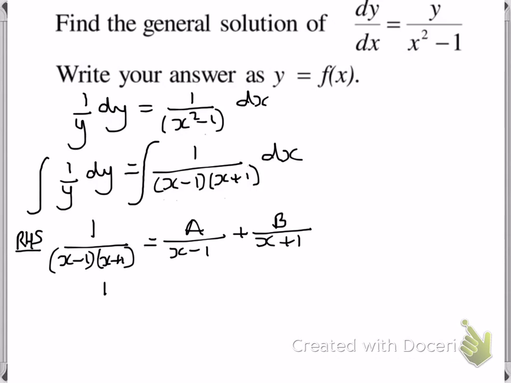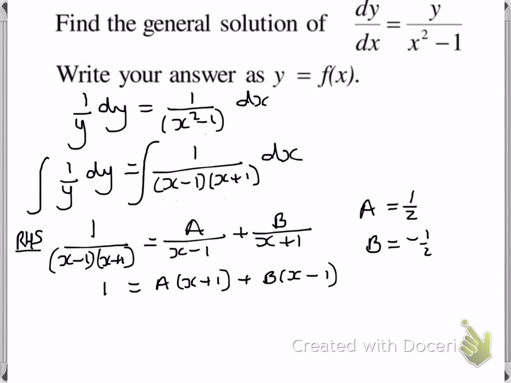Therefore, 1 is equal to a times x plus 1 plus b times x minus 1. And when I equate the coefficients, I get a equal to a half and b equal to minus a half.